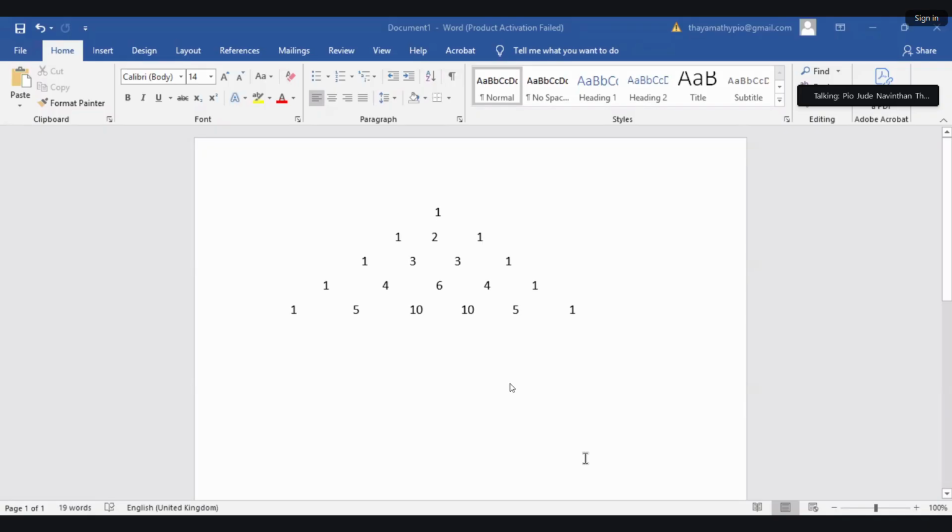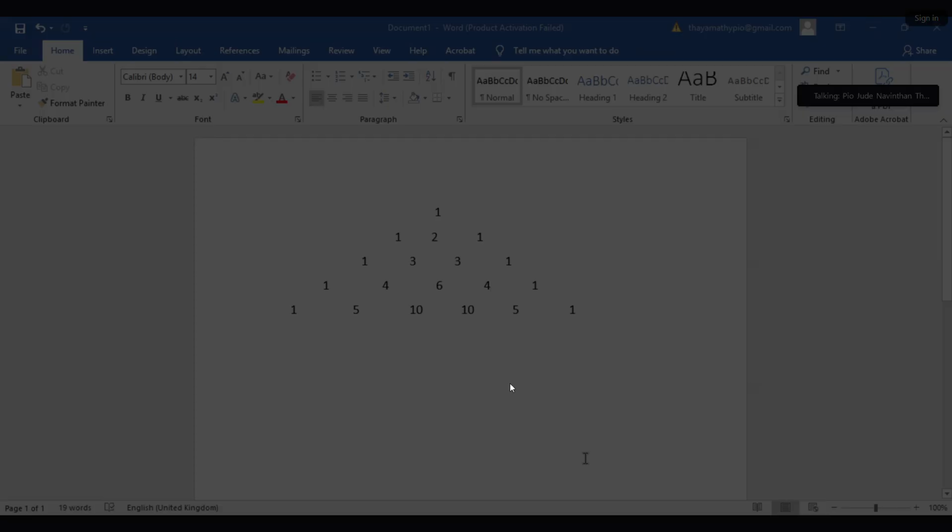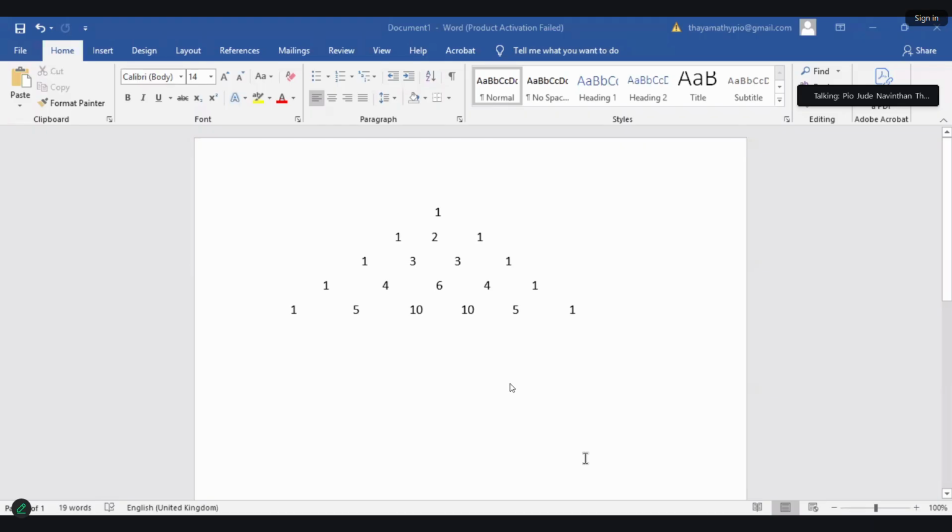What is this triangle? We are saying this is the Pythagoras triangle. Pythagoras found not only the right angle law, he found lots of things. So this is also there, Pythagoras triangle. If you see, the top vertex is 1. After that, we write 1, 2, 1.